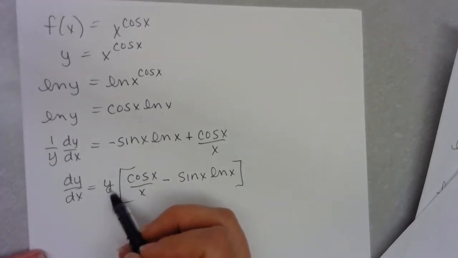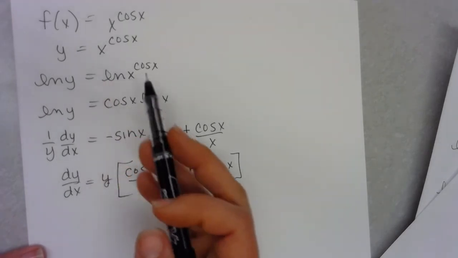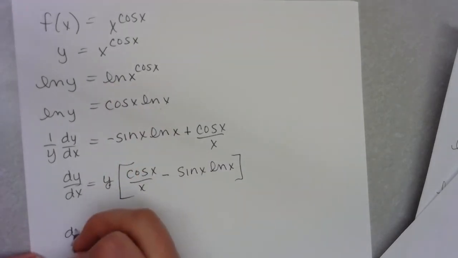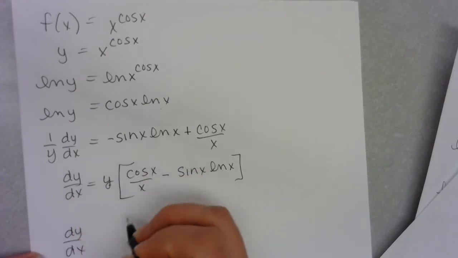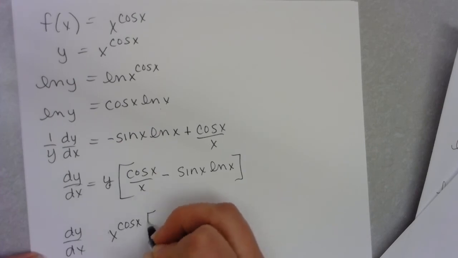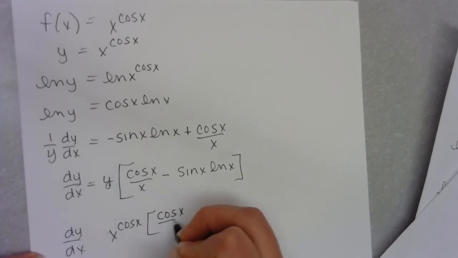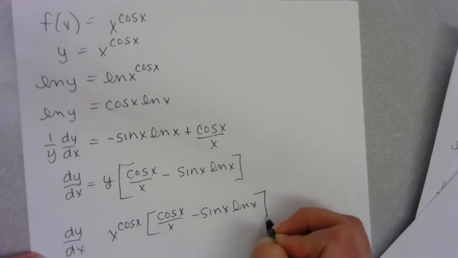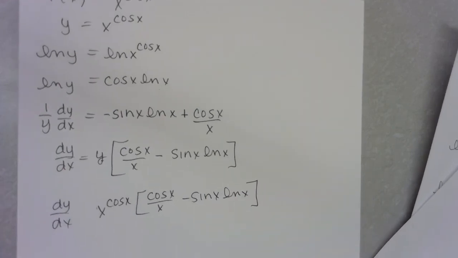And then now I know y is this, so it's a little easier to write y. I don't have to write a big complicated function here, but so my derivative now in terms of x is, my y now becomes x to the cosine of x times cosine of x over x minus sine of x natural log of x. Okay. All right, so let's do one more of those.